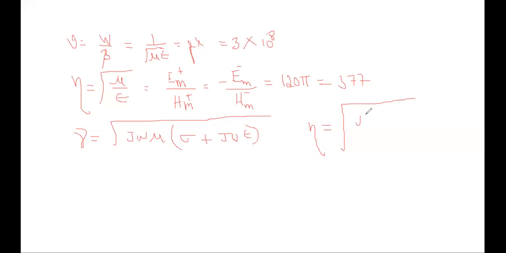It is not that. It is j omega mu by sigma plus j omega epsilon. In the previous class, we made the mistake in this intrinsic impedance. Actually, this is the right intrinsic impedance, j omega mu by sigma plus j omega epsilon.